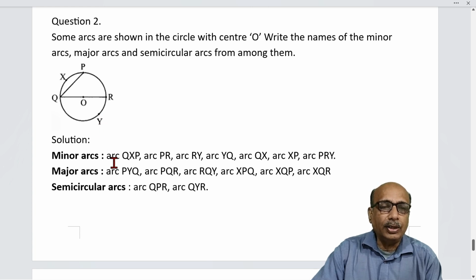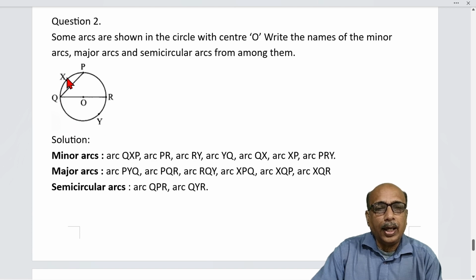Now major arcs we will see. PYQ, major arc, more than 180 degrees. You can see this. Arc PQR, major arc. Next, arc RQY, major arc.